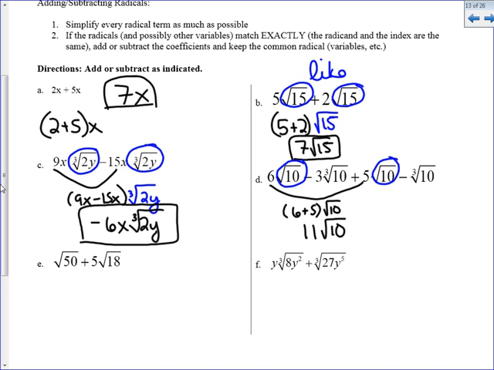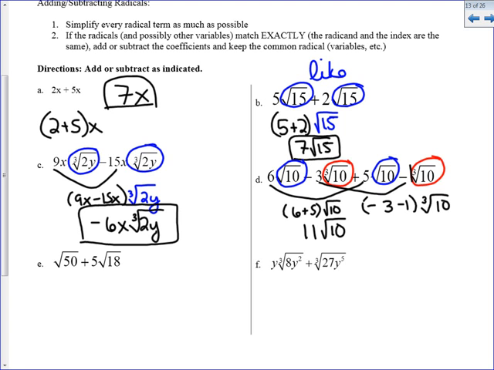Are my other two terms like? Yes. They both have a cube root of 10. So the only part I'm going to combine are their coefficients. What's the coefficient on this last term here? What number is out front of this last term here? Negative 1.